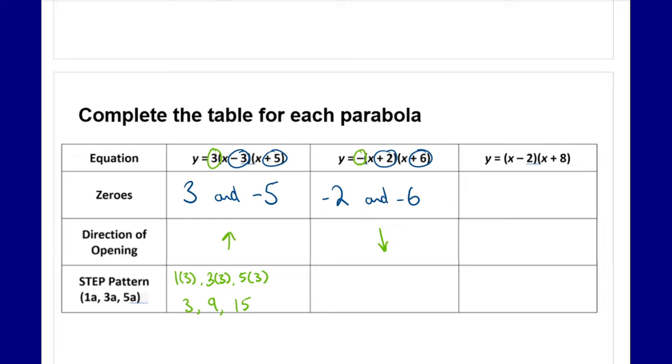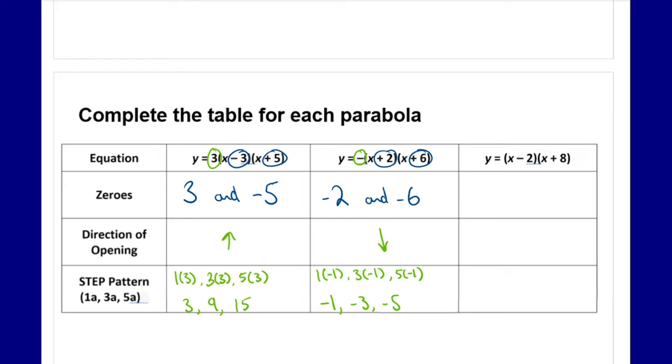For our step pattern, we go back to that a value. So it'd be 1 times negative 1, the invisible 1 that's there, 3 times negative 1, and 5 times negative 1. This leaves me with my step pattern of negative 1, negative 3, negative 5.